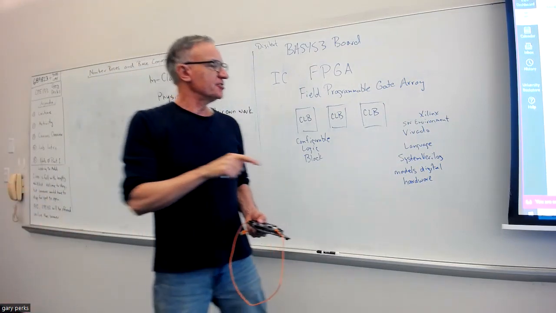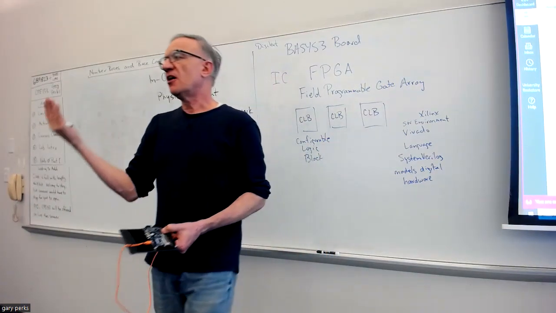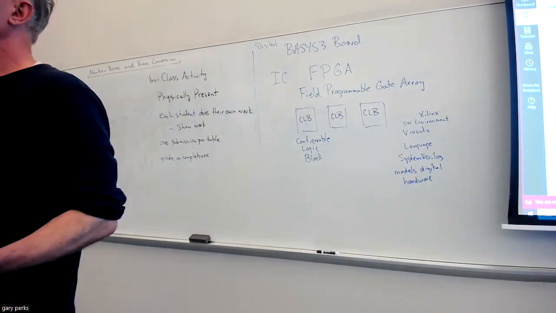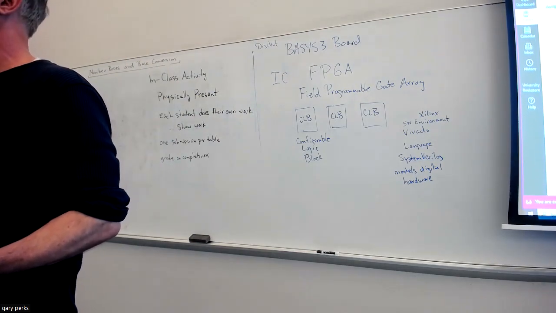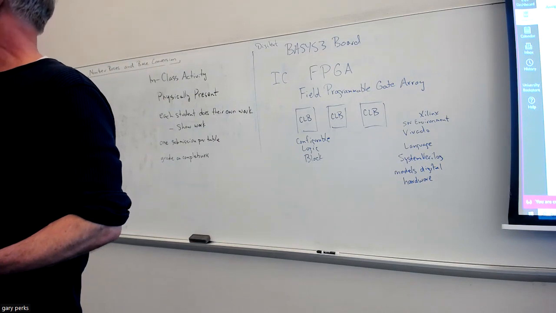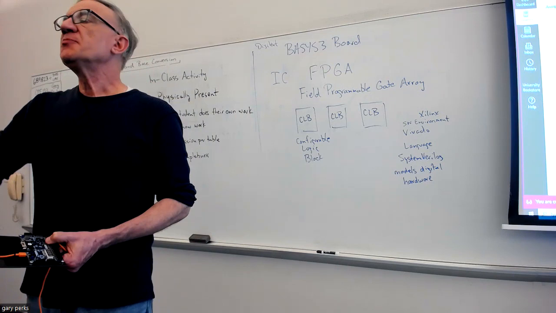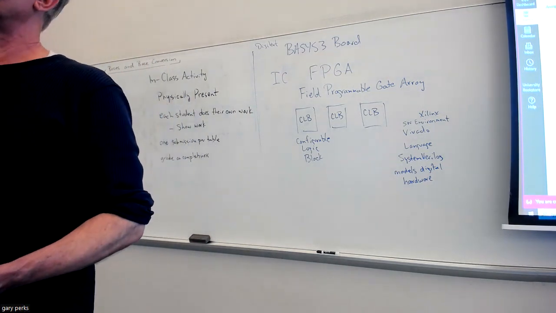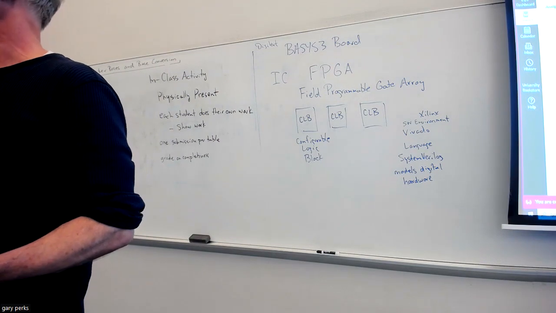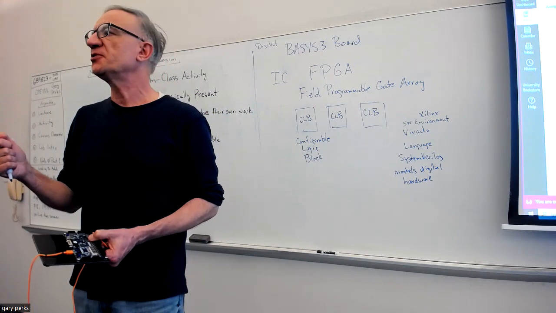Most instructors use System Verilog like I do, but there are some instructors, I think Dr. Mealy comes to mind, who use Verilog most often. But no matter which one you learn, if you know one of them, the other one's very similar. System Verilog is just a little bit more user-friendly, at least most people would agree.